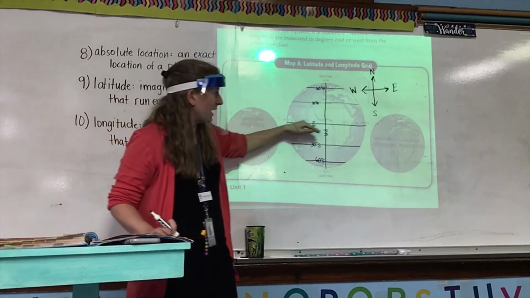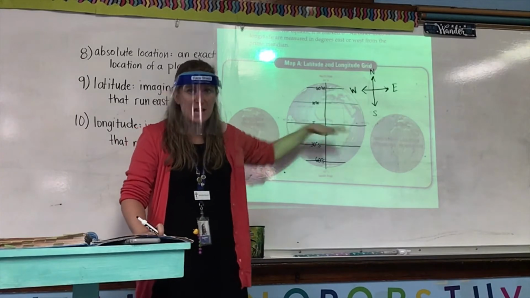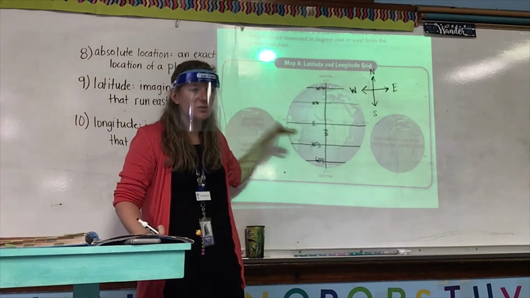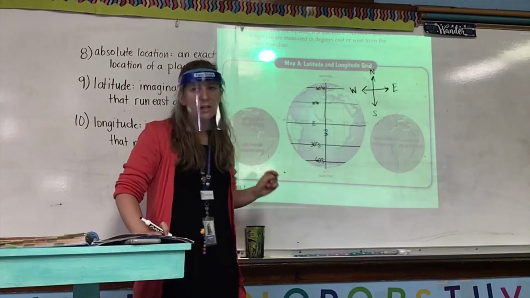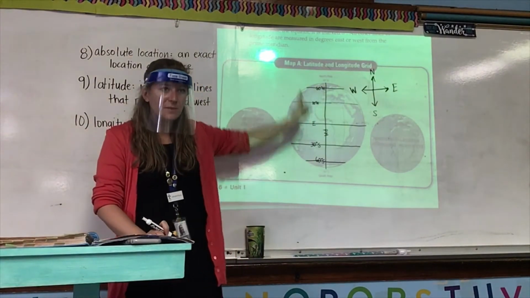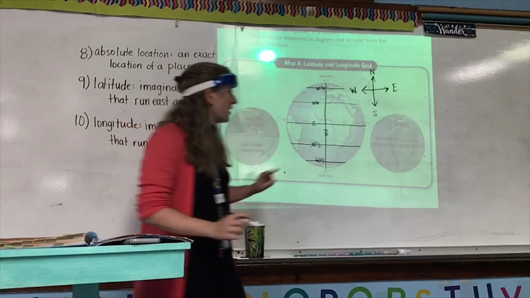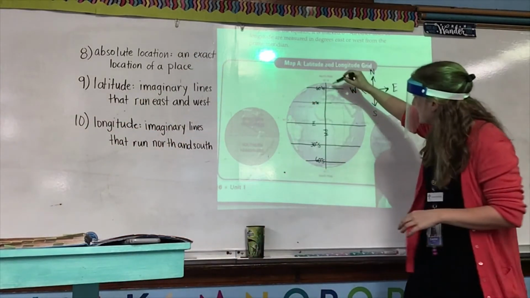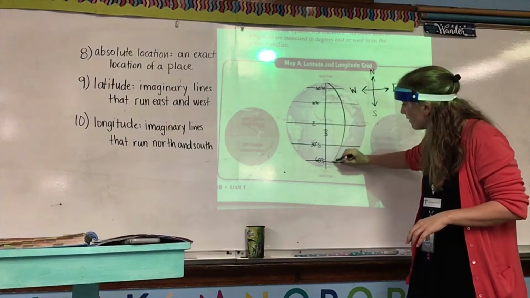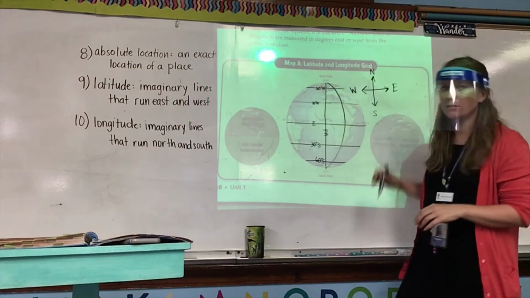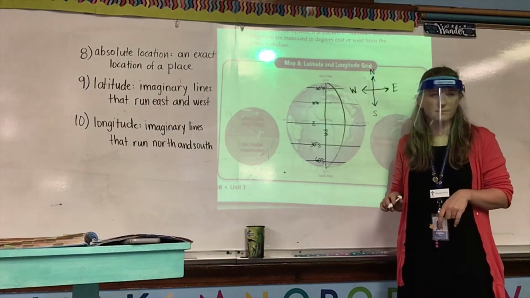And we know all lines of longitude are going to go up and down. Lines of latitude line up with the equator, which goes side to side. So all lines of latitude are going to go side to side. Lines of longitude all line up with the prime meridian, which goes up and down. So that means all the other lines that go up and down are also lines of longitude.